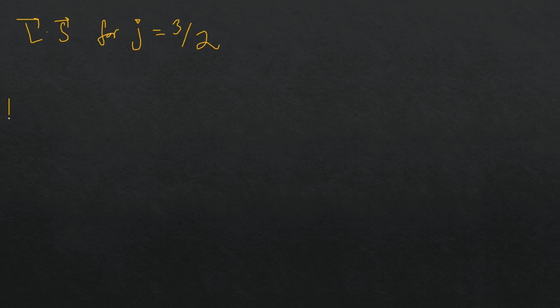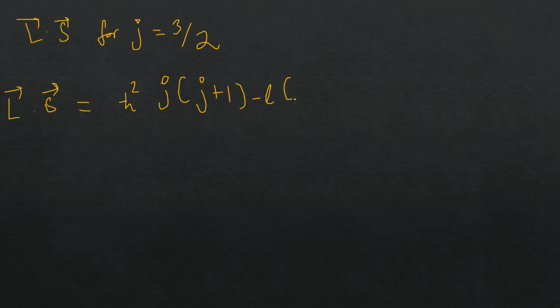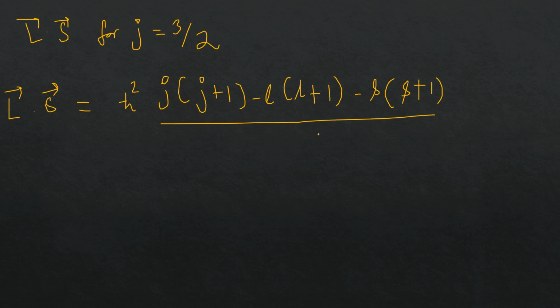Alright, so L dot S is ħ² times J(J+1) minus L(L+1) minus S(S+1), whole divided by 2.